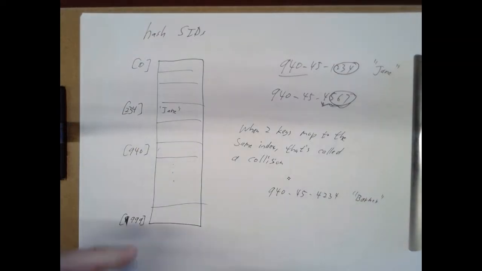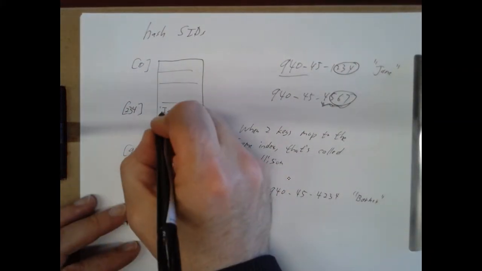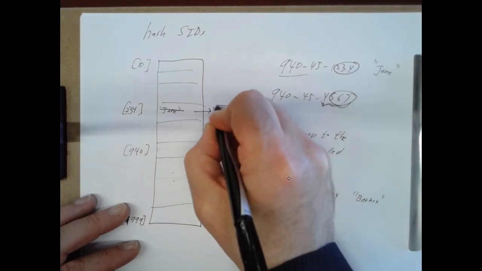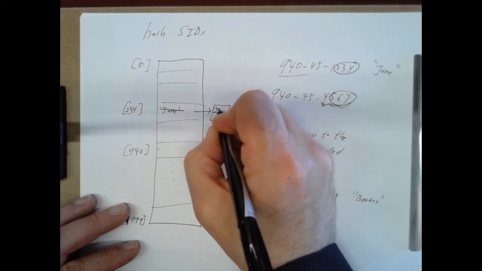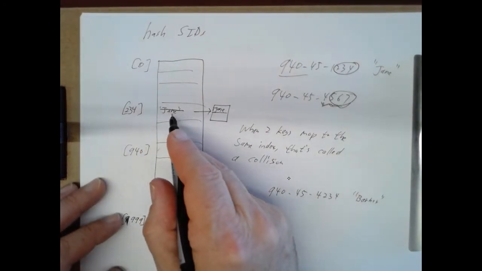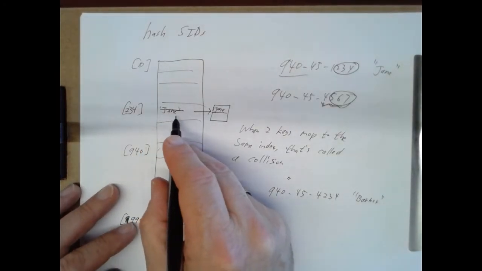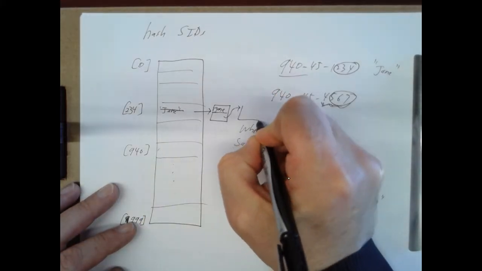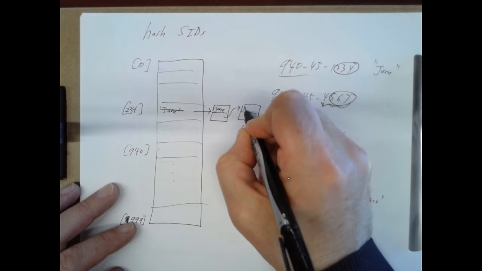Well, instead of actually storing a name in this array, here's what we can do. We can make this an array of pointers, and we can build a linked list. And now when we find Barney, Barney comes to location 234. We can say, okay, go ahead and add to that linked list a node named Barney. And we can extend it using everything we know about linked lists.